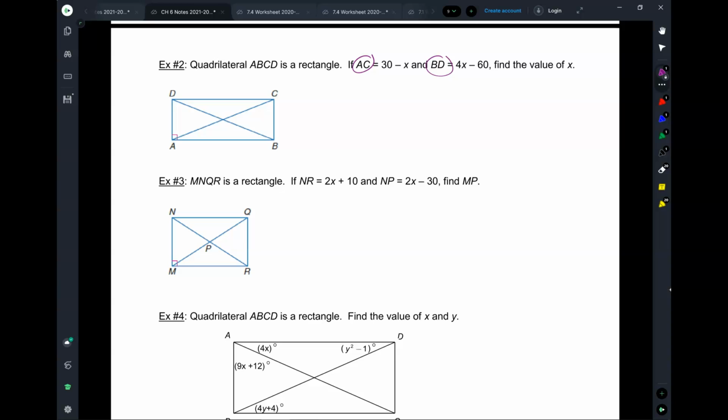So, how did that work? So what's x? 18. Fabulous.